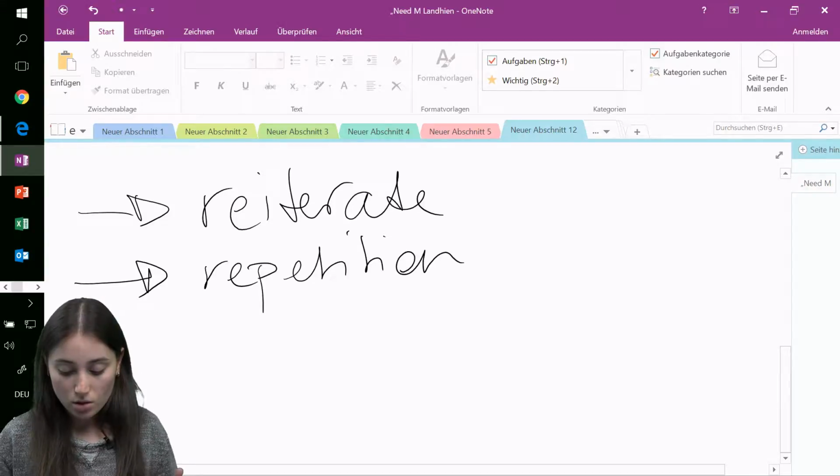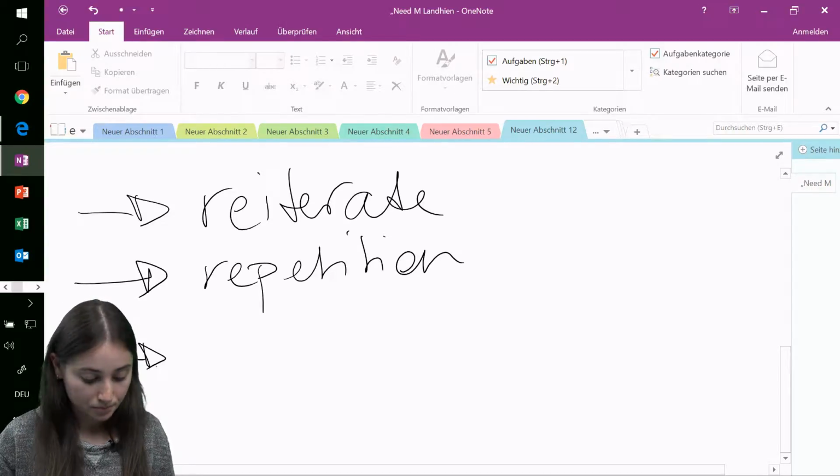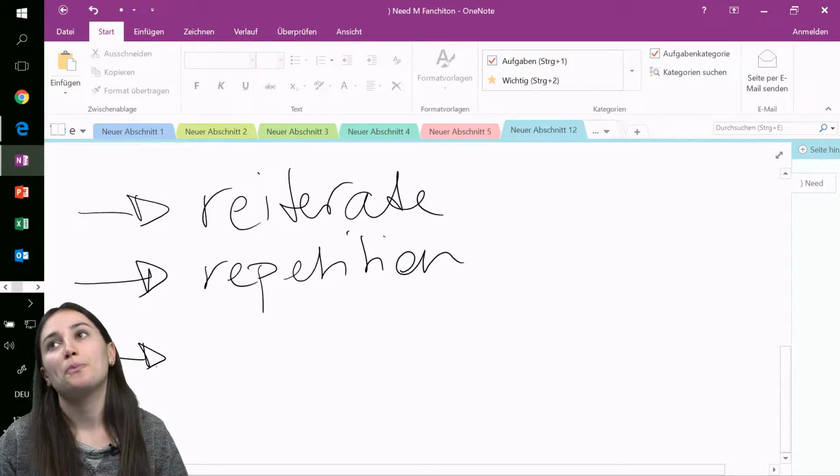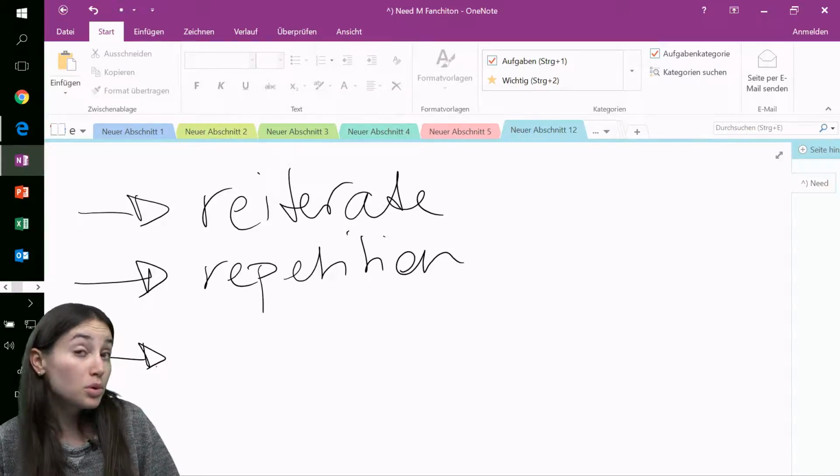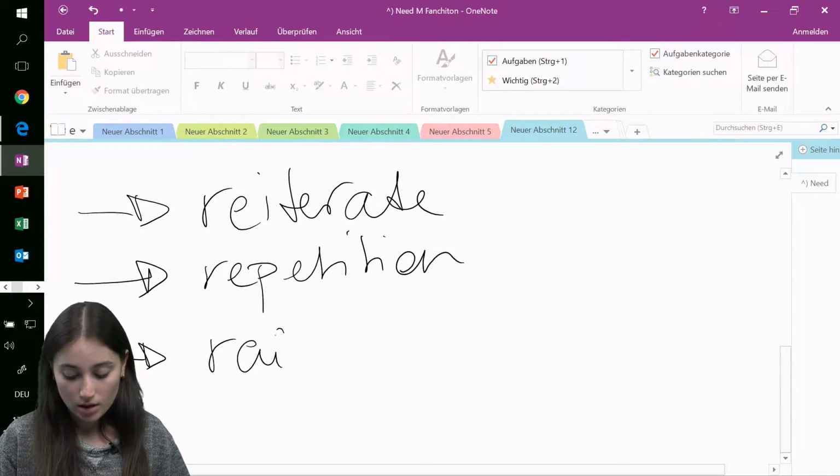But it's not only a repetition, it's also about raising questions, giving an input in your listener's brain.